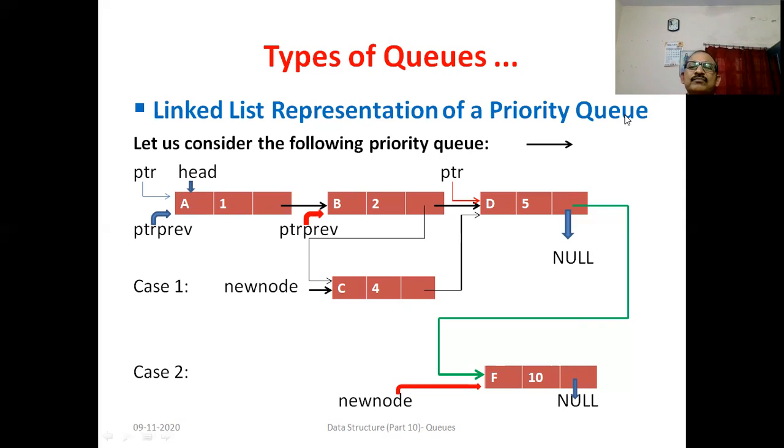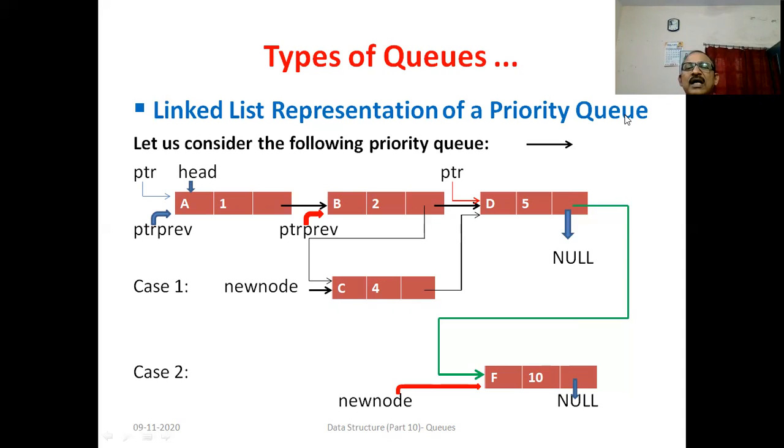Case two: if a node does not exist in the priority queue having a priority greater than the new item priority, in that case we simply add the new node at the end of the list.